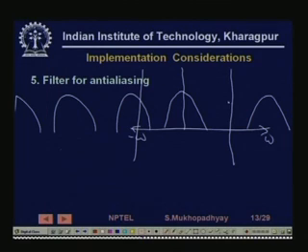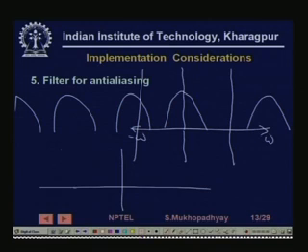Now imagine that you make the sampling frequency low; I am just exaggerating the other way. Suppose the signal has this bandwidth and you are sampling it at this frequency. Then these lobes will start overlapping. This will be one of the lobes and probably this will be the other lobe.